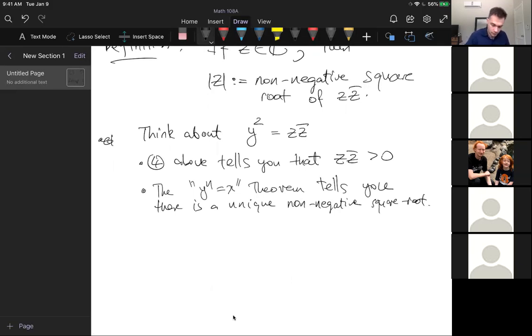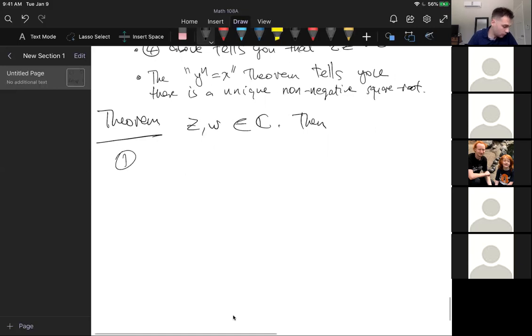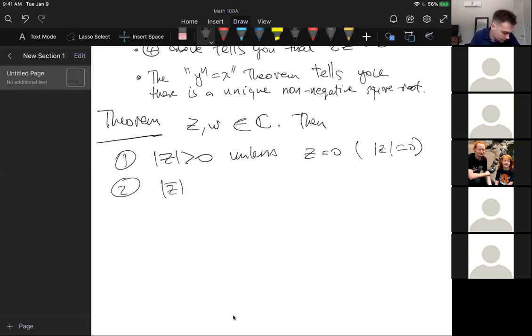All right, so here is another theorem listing some properties of the complex numbers. Let Z, W be in C. Then: one, the norm is positive unless Z is equal to 0, in which case the norm is 0. Two, the norm of the conjugate is the same as the norm of the complex number itself.